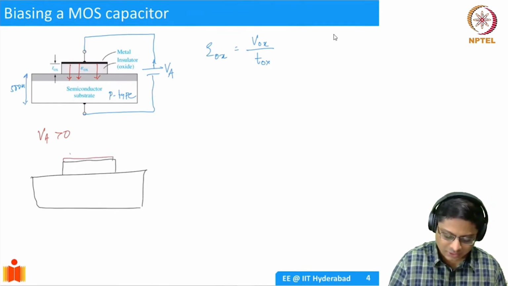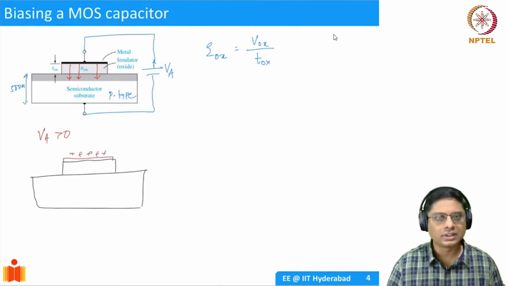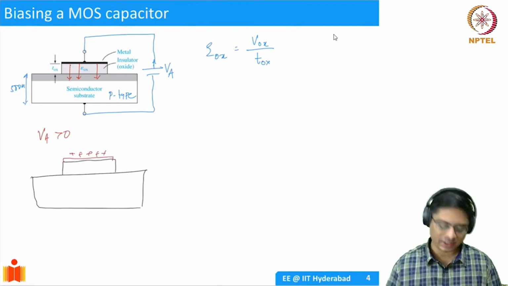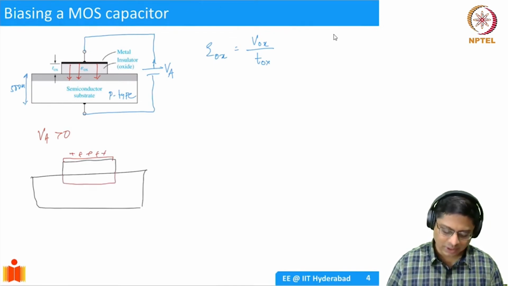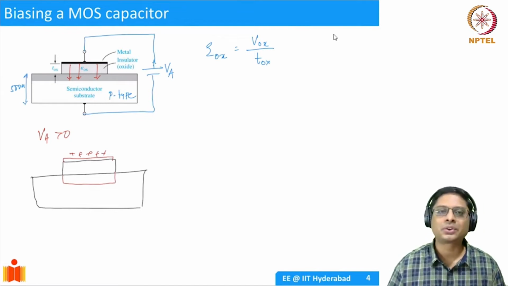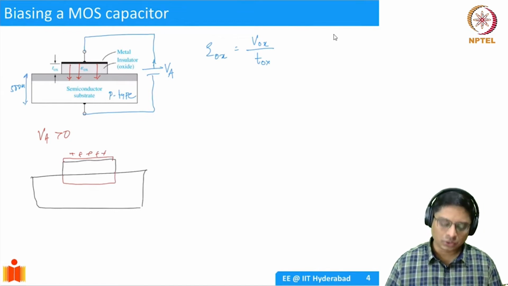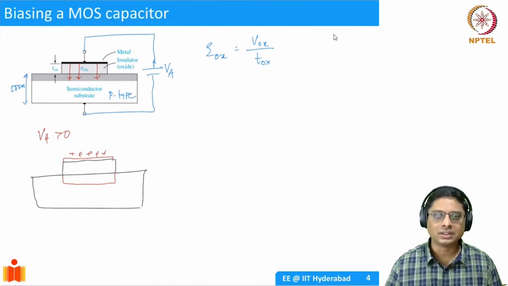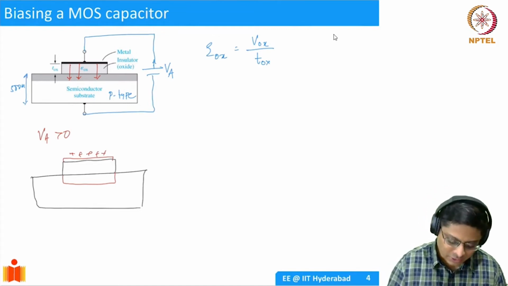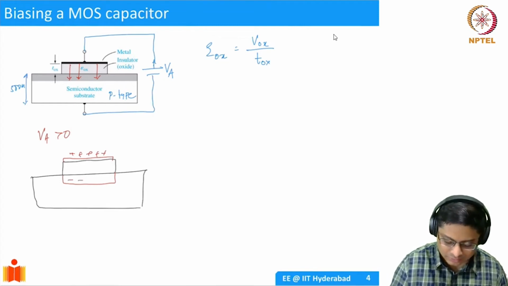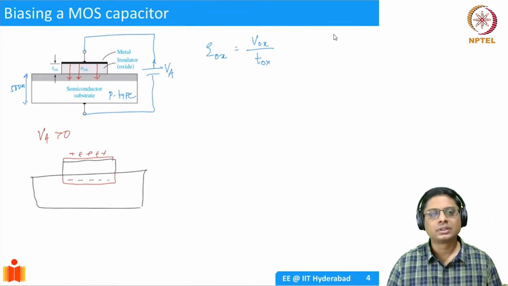Essentially, it looks like you're putting a positive charge on this, and you're driving the holes away, right? When you drive the holes away, you're going to get a region where there are no holes. And if there are no holes, what should remain there? Well, doping, right? It's acceptor doping. When you drive the holes away, which are the positive charges, you will end up getting negative charge, right?